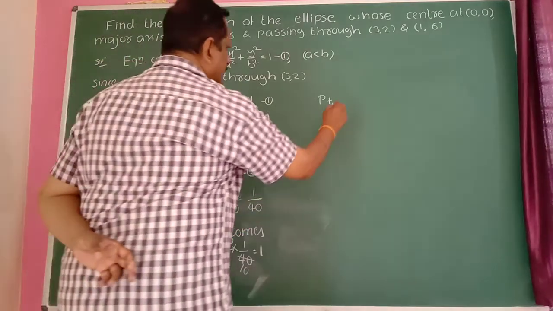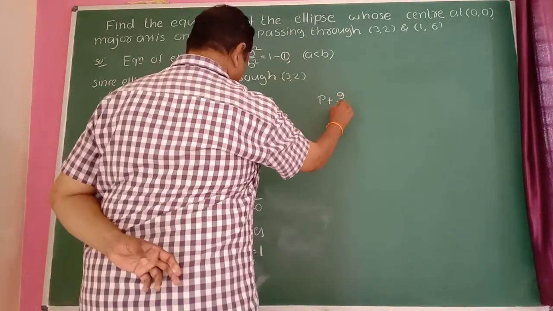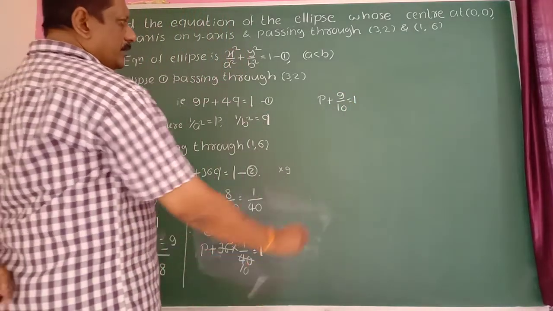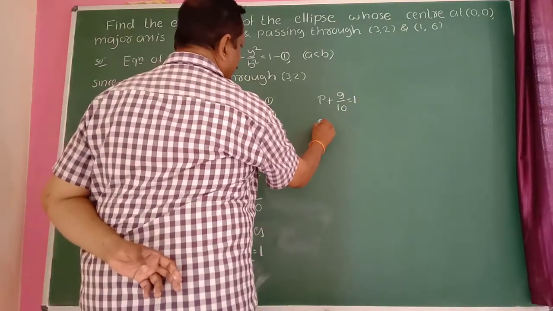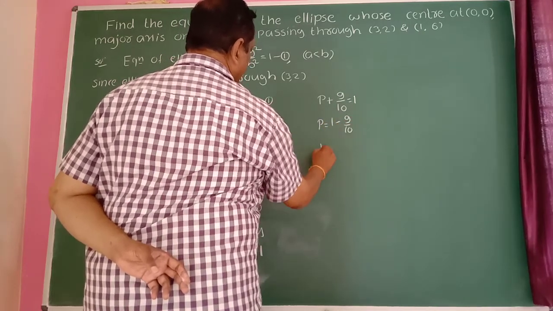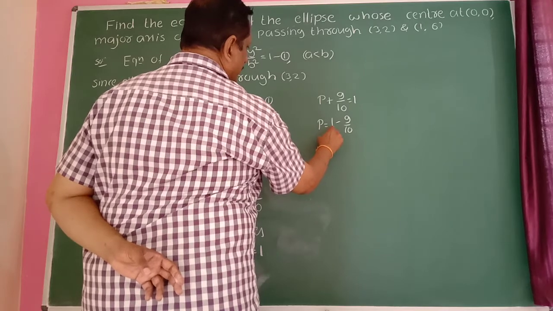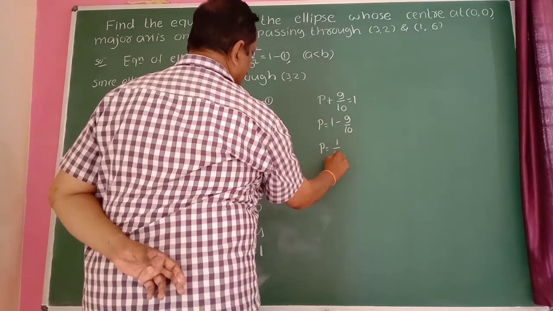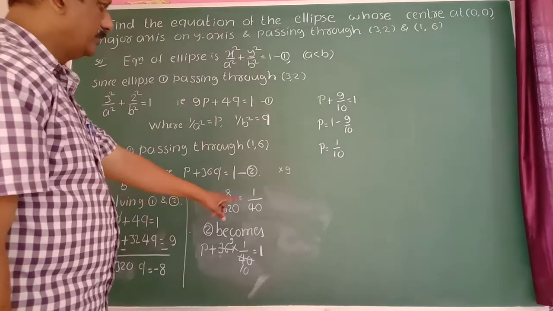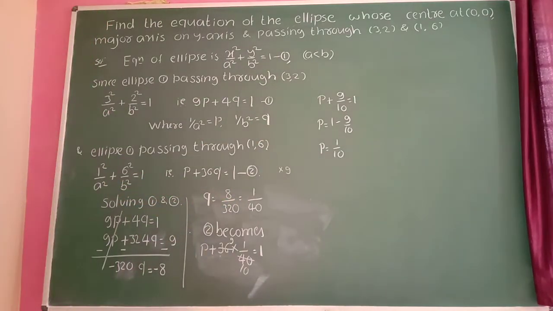So 9 by 10. So 9 divided by 10 is equal to 1. P is equal to 1 minus 9 divided by 10. 10 ones are 10, 10 minus 9 becomes 1, so 1 divided by 10. So q value is 1 by 40 and p value is 1 by 10.